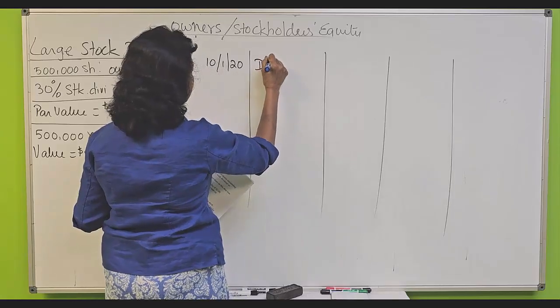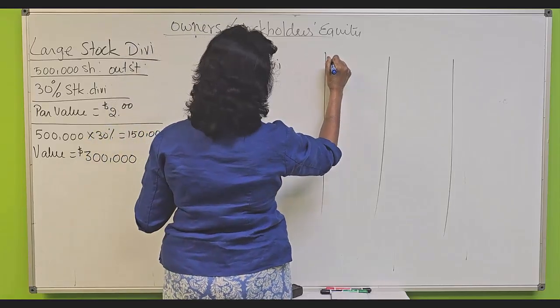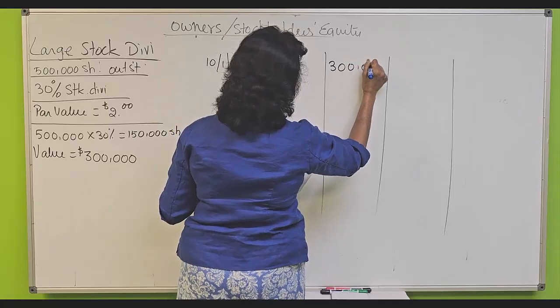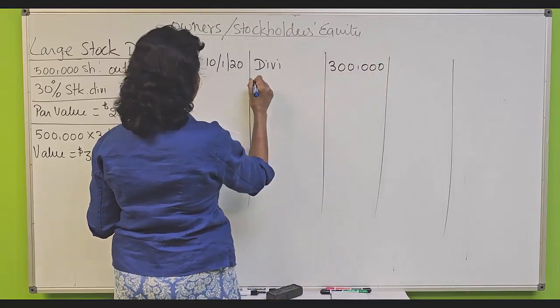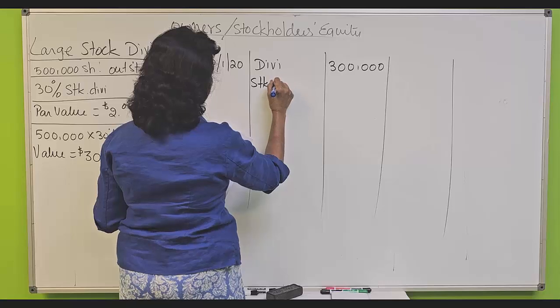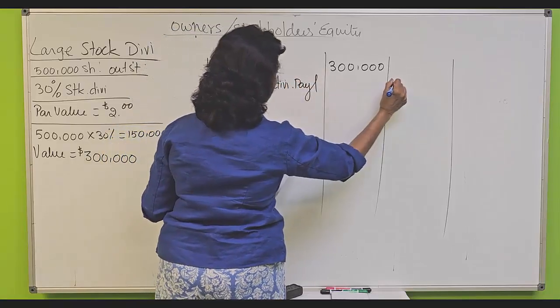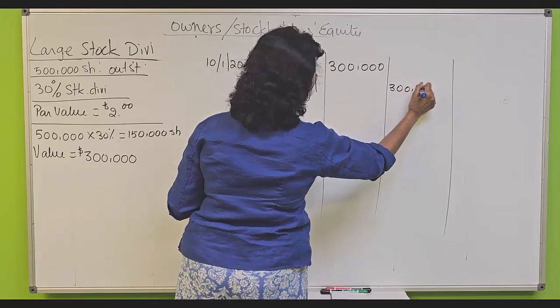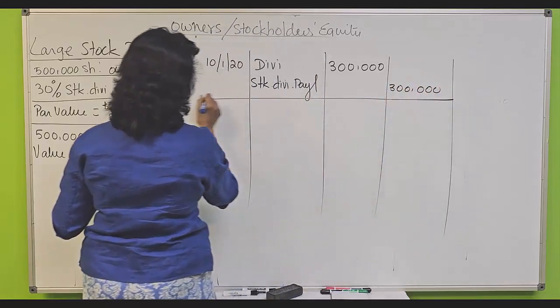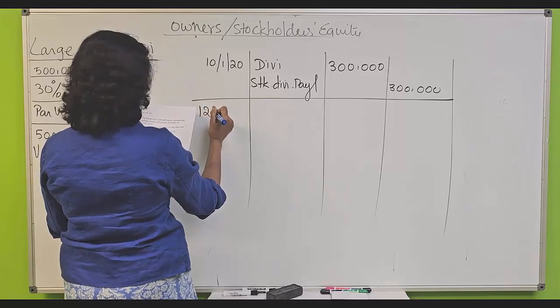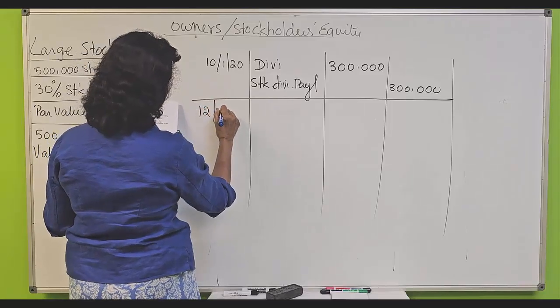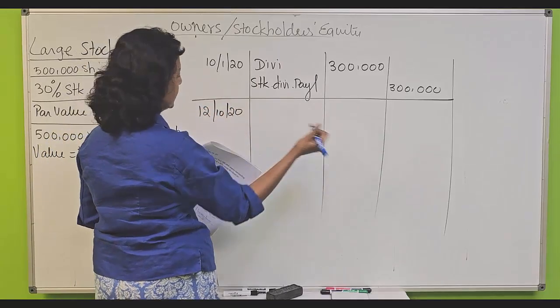So here on October 1st of 2020, the company debits dividends for $300,000 and credits stock dividend payable $300,000. And then on December 10, they are sending out these stocks.